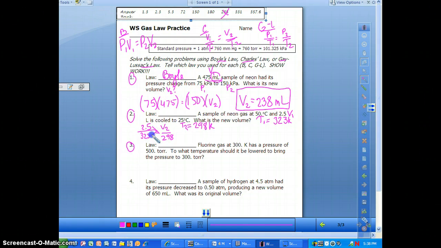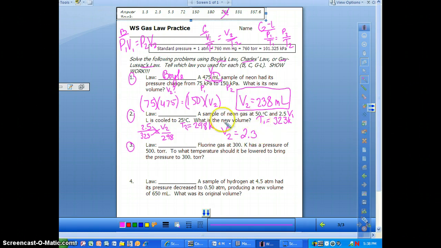And if you cross multiply, get V2 by itself. What should go in your calculator is 2.5 times 298 divided by 323. Give everybody a second to plug that in. And your answer is 2.3.